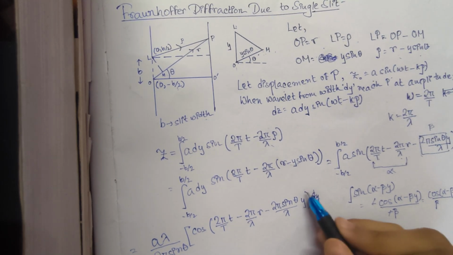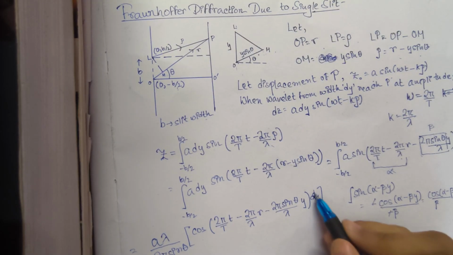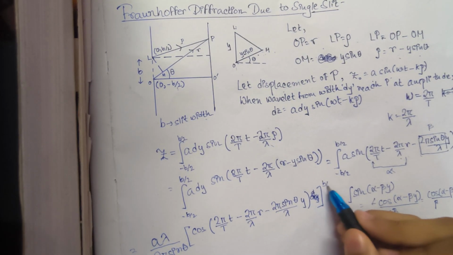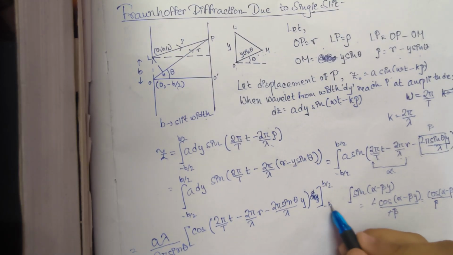Not dy, as we have already integrated, sorry for that. So what will be the limit, from b by 2 to minus b by 2.